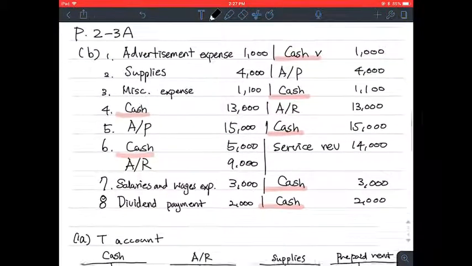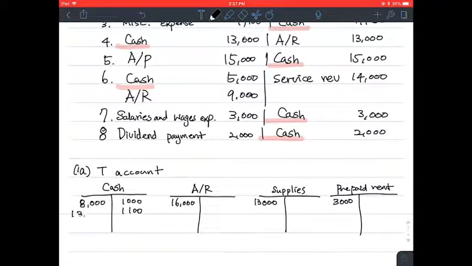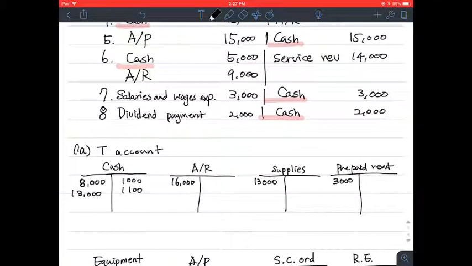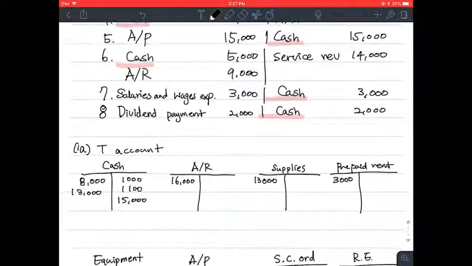And 13,000 on the debit side, 15,000 on the credit side, 5,000 on the debit side, and 3,000 on the credit side, 2,000 on the credit side.